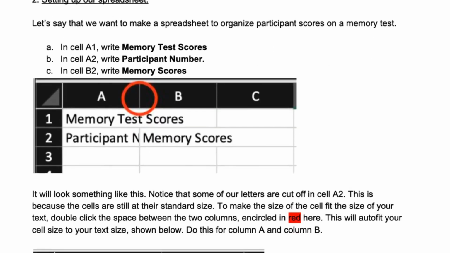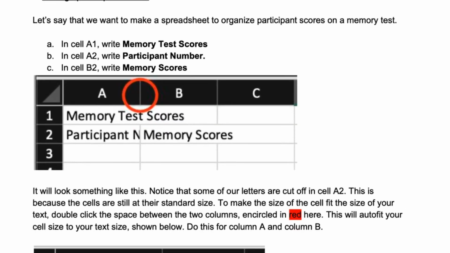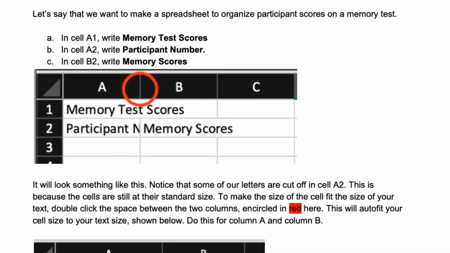And what this video is meant to do is just an overview of what we need to do for the lab. Of course, you'll be working on this at your own pace. But what we're doing is trying to organize some data. We're going to organize memory test scores for participants. So we have some instructions here where we'll need to write certain information in certain cells.